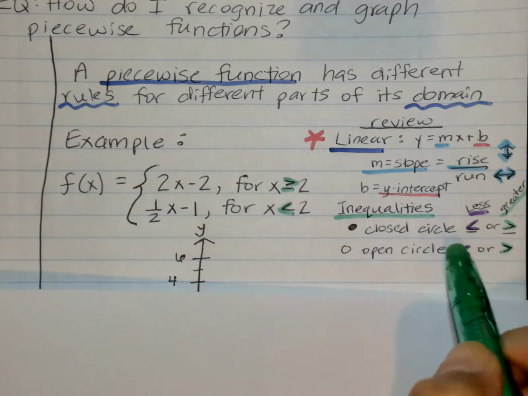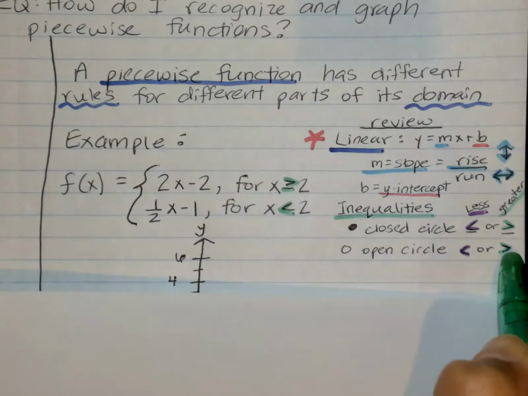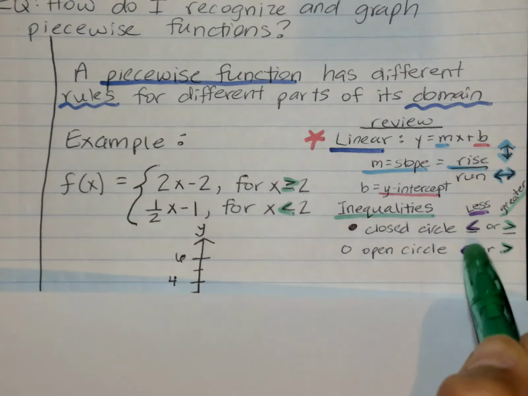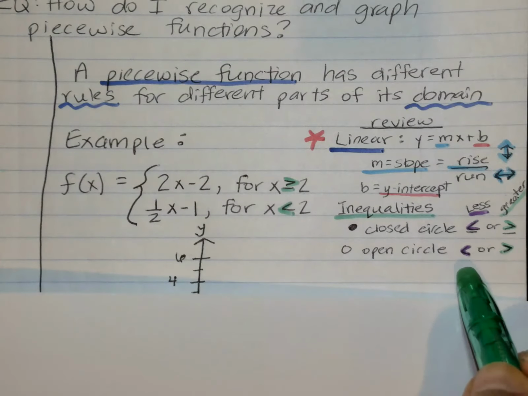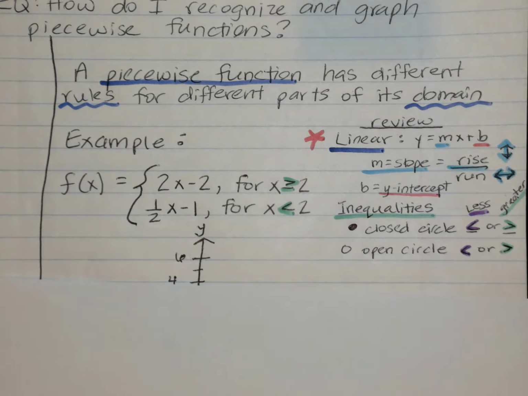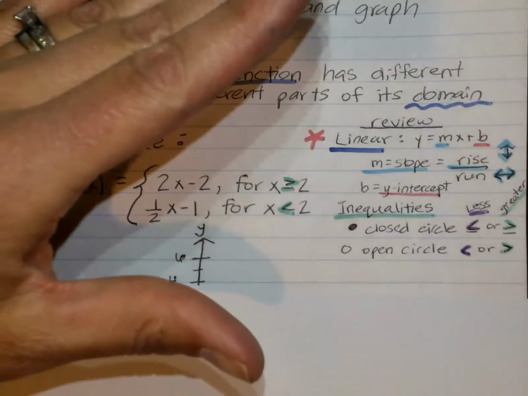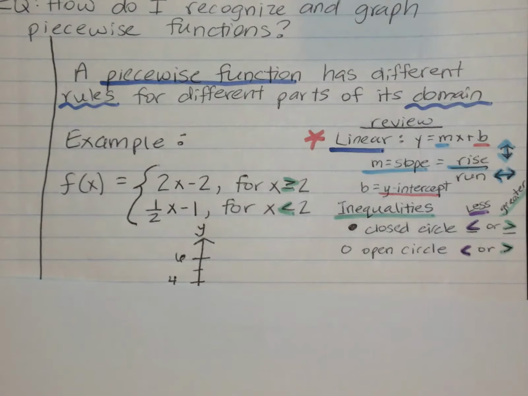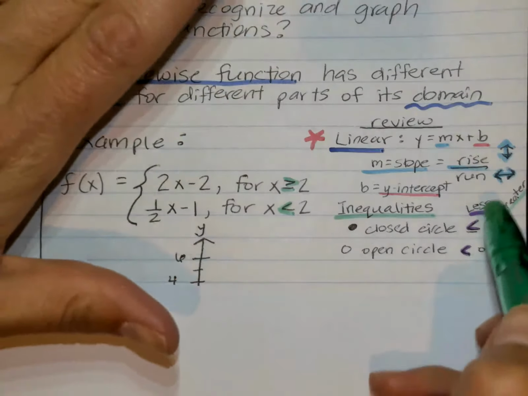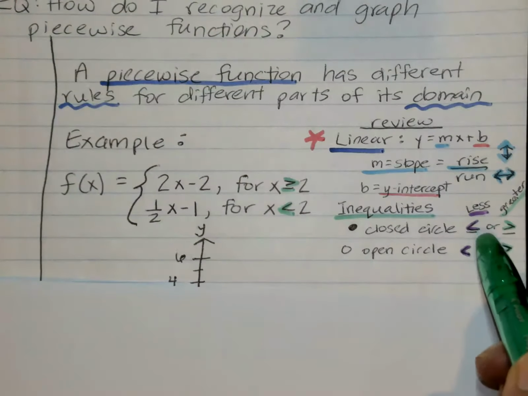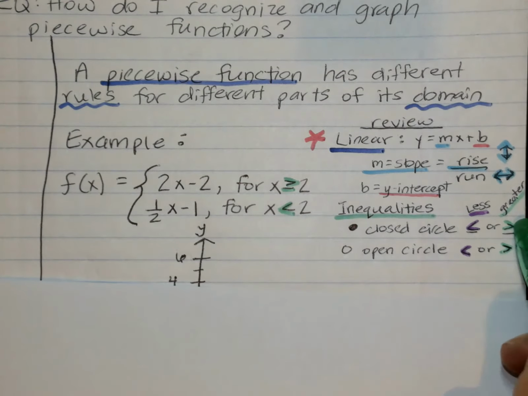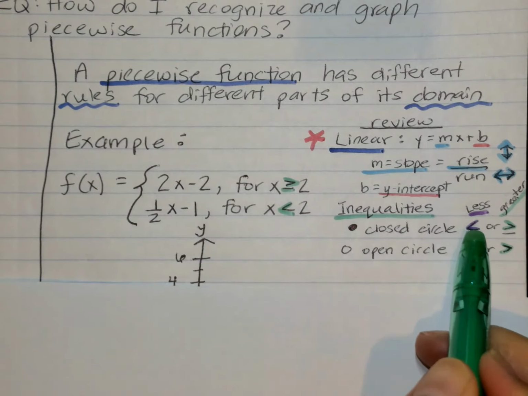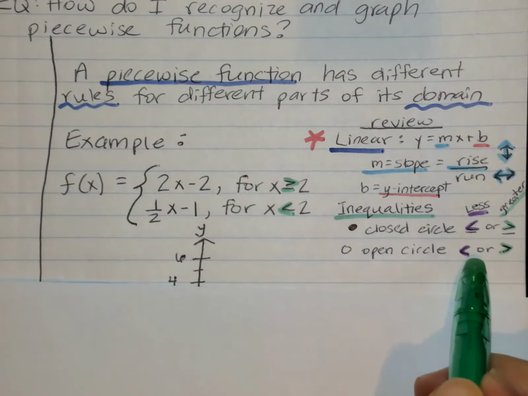You use an open circle if it's only less or only greater. And I did right here to remind you less than. I always think of it as it looks like a little L, or like your left hand. Your right hand looks like that. So if it looks like your left hand, it's less than. Left hand, less than, or it looks like an L too. Greater than goes the other way. So that's just a little bit of review. Closed circle is if it has the equal to sign under. Open circle if it doesn't.